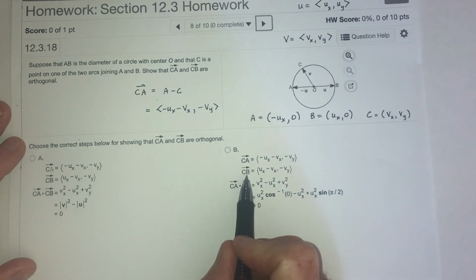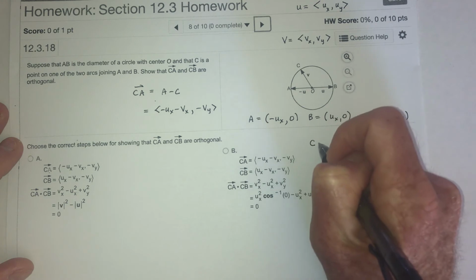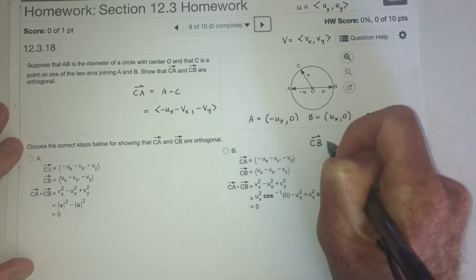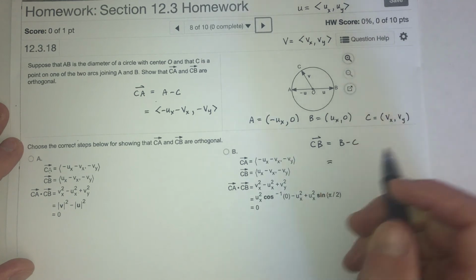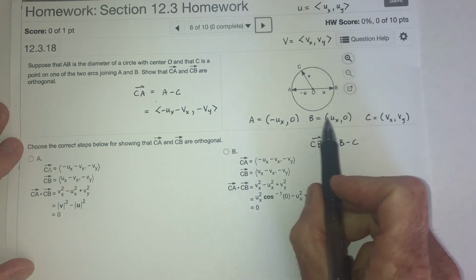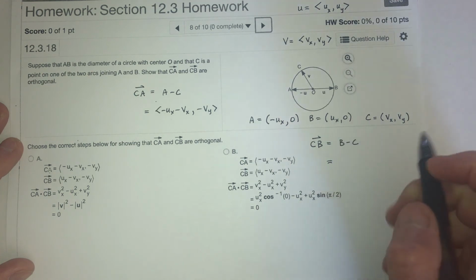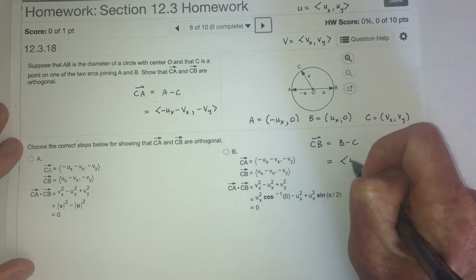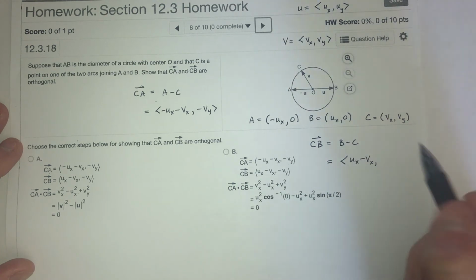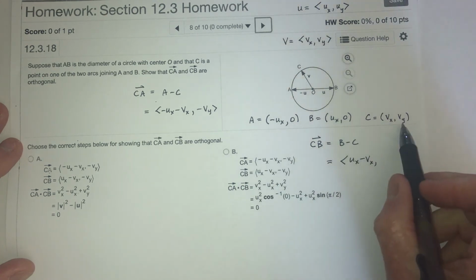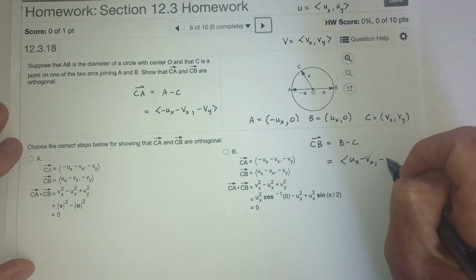What about CB? C to B actually means take B minus C. So that would be ux minus vx. And then B minus C would be 0 minus vy, so negative vy.